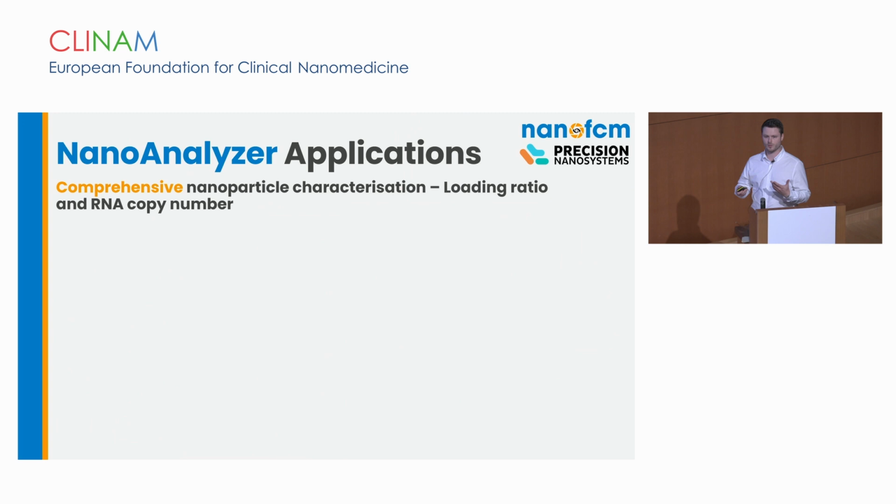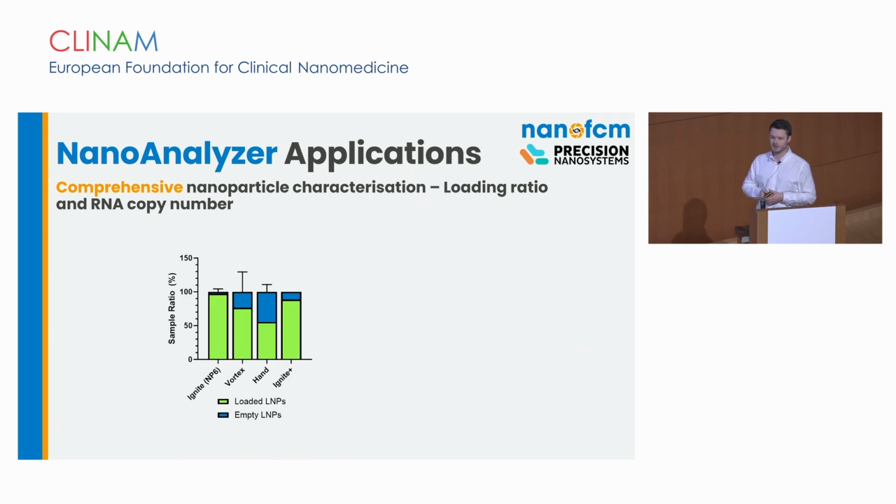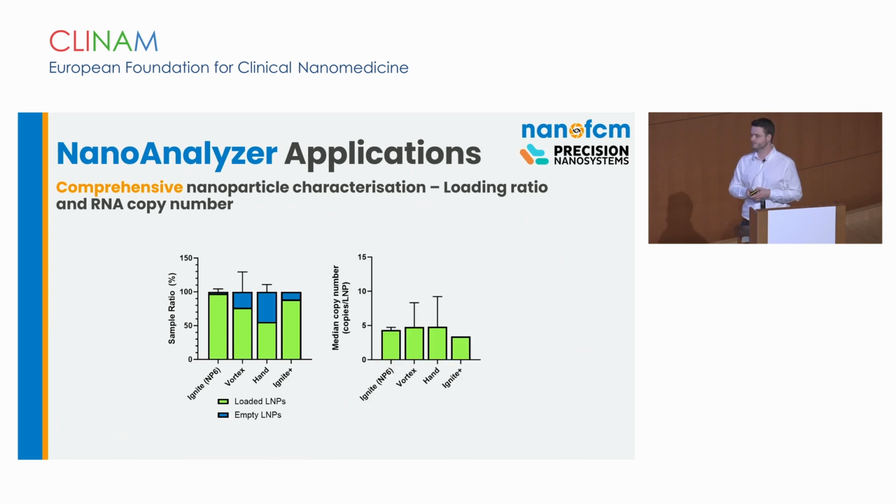When we then get into that more comprehensive analysis using the NanoAnalyzer, we can look at the empty versus loaded and really see, again, what we'd expect from that previous data, in that the manual methods result in a much higher number of empty LNPs versus a much more efficient loading ratio seen in the microfluidic system. But interestingly, we don't really see a difference in the median copy per particle.